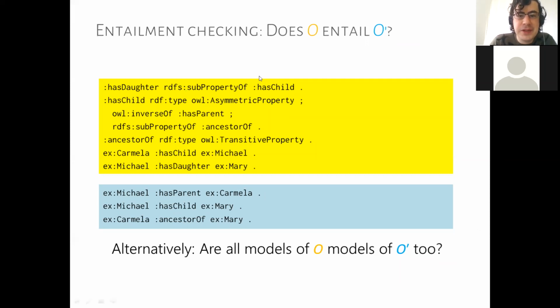We also have entailment checking, which is, does O entail O prime? It's this decision problem of given two ontologies, does one ontology entail the other? So this question we can state as, are all models of O also models of O prime, which is how we defined it earlier.